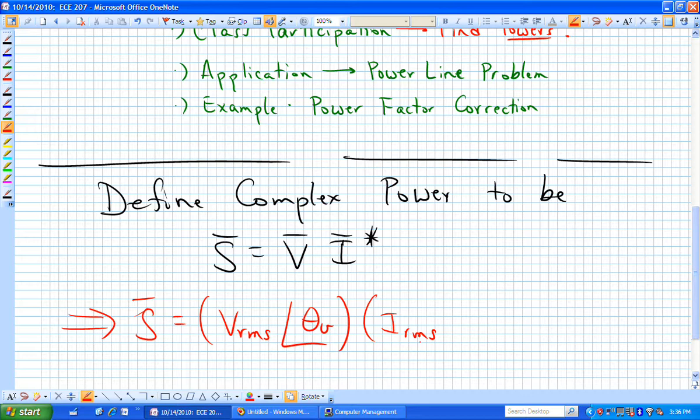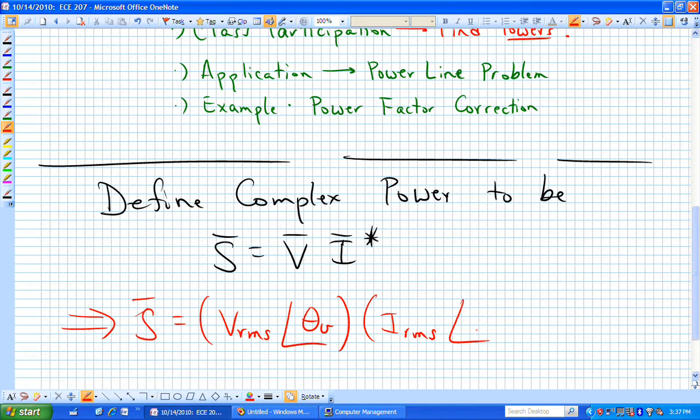We're going to be dealing with sinusoidal voltages and currents, and that's why this square root of 2 factor occurs. You can go through the algebra and figure out that if you find the RMS of a sinusoid, it's going to be maximum value over square root of 2. That's where this square root of 2 comes from.